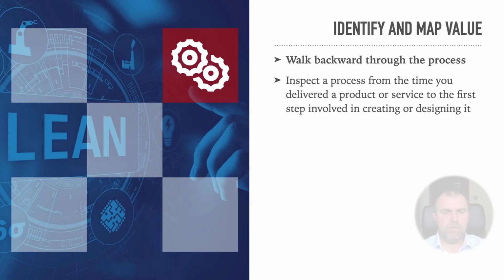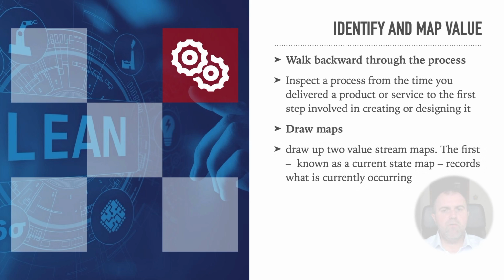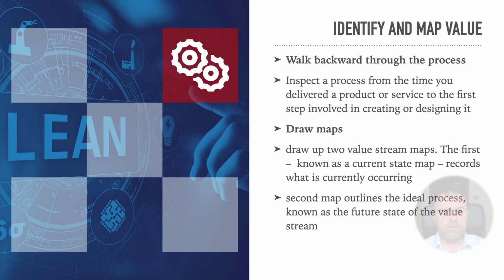Draw maps. You need to draw up two value stream maps. The first, known as the current state map, records what is currently occurring, including information such as wait times, resources, tasks, and processes. The second map outlines the ideal process, known as the future state of the value stream.